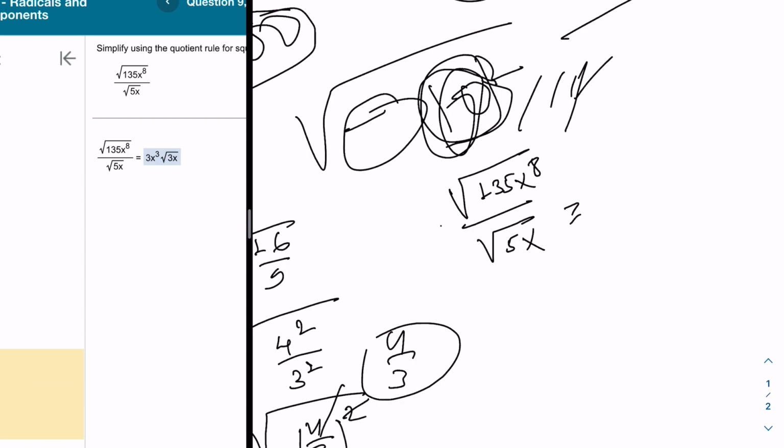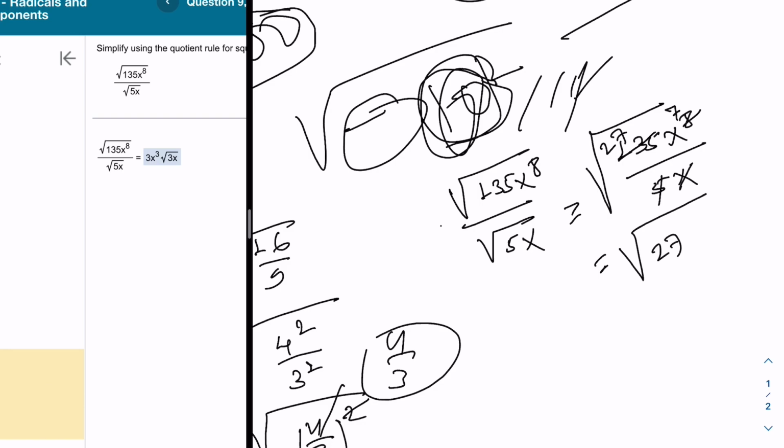So we can write this term as 135x^8 by 5x. So x will cut it down, and the remaining x is x^7, and just divide 135 by 5, which means 27. So now we have the expression as 27 x to the power 7.